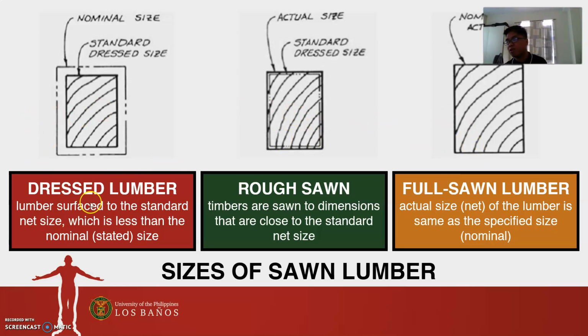For dressed lumber, the lumber is surfaced to the standard net size, which is less than the nominal size. Rough sawn are timbers sawn to dimensions close to the standard net size, while full sawn lumber is the actual size. For CE 133, we're going to use the standard dressed size unless otherwise specified.